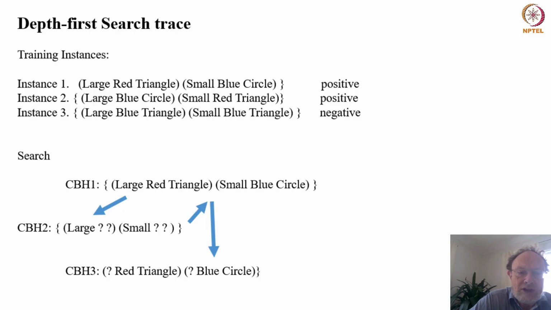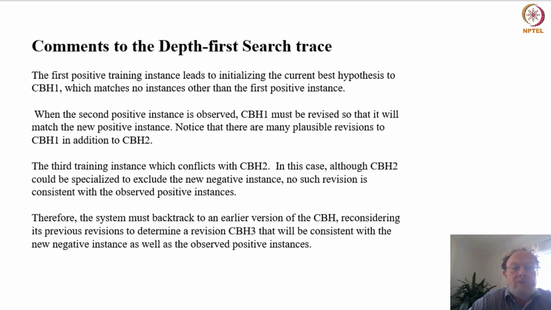And what you see on this slide is the current best hypothesis in 3 versions representing 3 steps of the depth-first search generalization algorithm. So some comments on this example. The first positive training example leads to the initialization of the current best hypothesis to CBH1, which matches no instances other than the first positive instance.